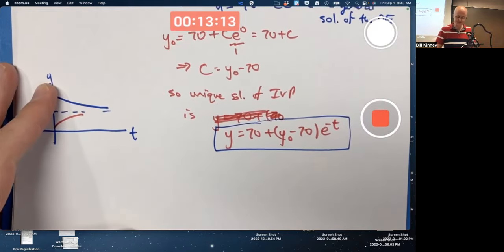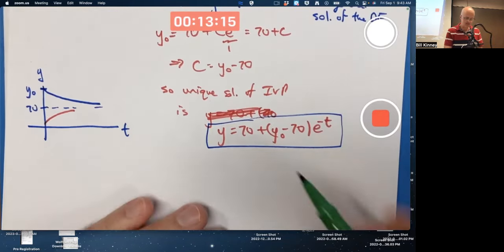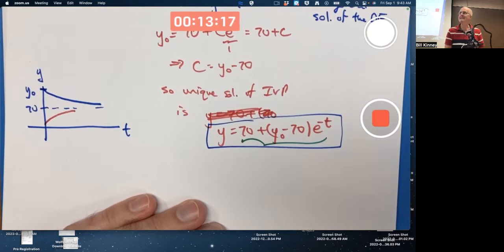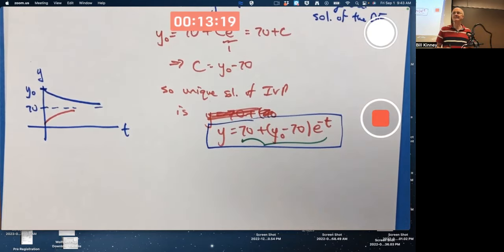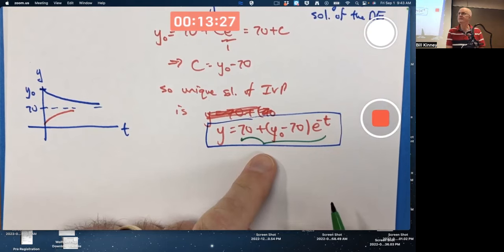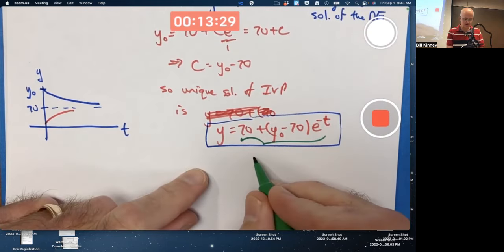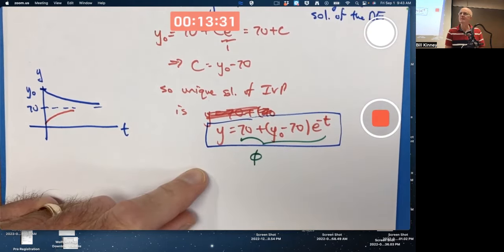One more comment. In this class, not in our textbook, but in lectures and in class here, the video lectures and in class here, I'm often going to give this function a name. I'm going to call it, well, a Greek letter, phi or phi if you prefer.